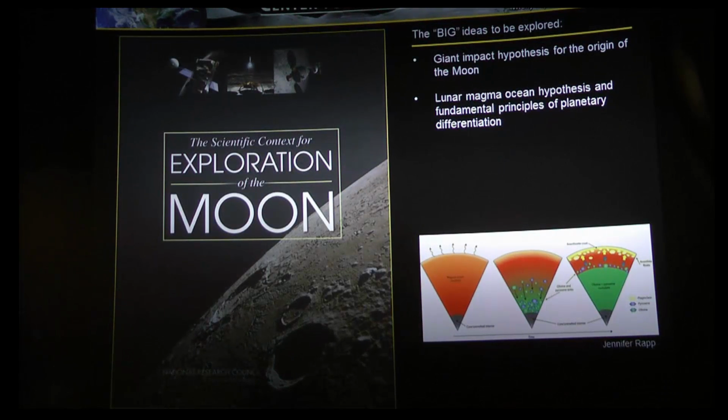The other big idea that evolved from the Apollo program and needs to be explored in more detail when we go back is something called the lunar magma ocean hypothesis. As you saw in the preceding slide, the Earth was a molten mass, as was the moon following the giant impact event.